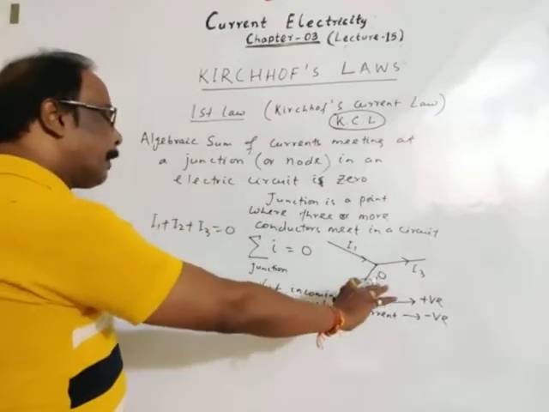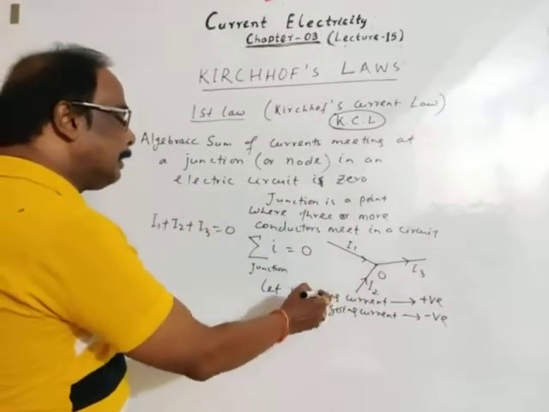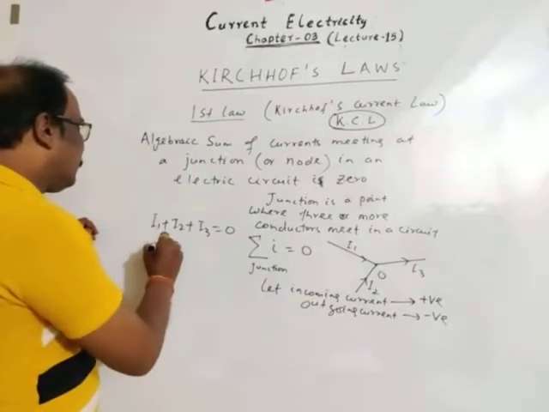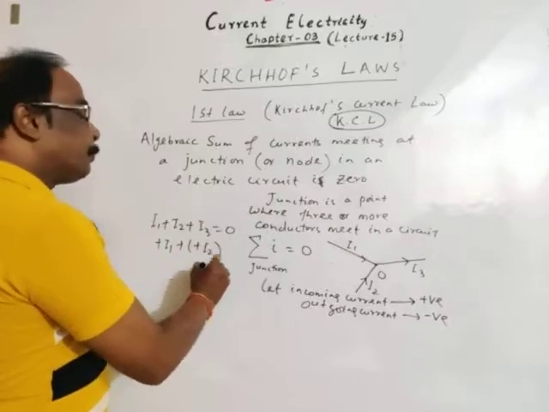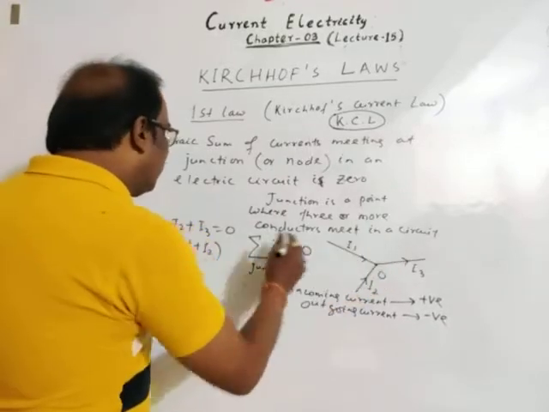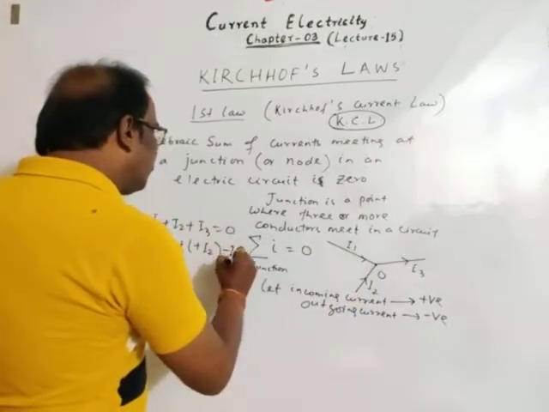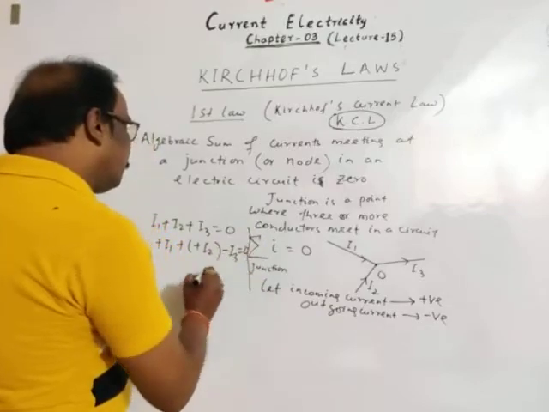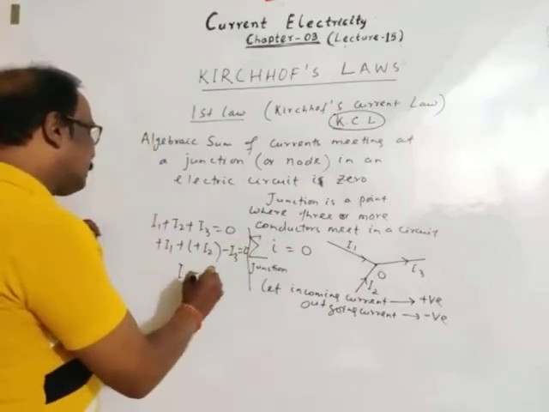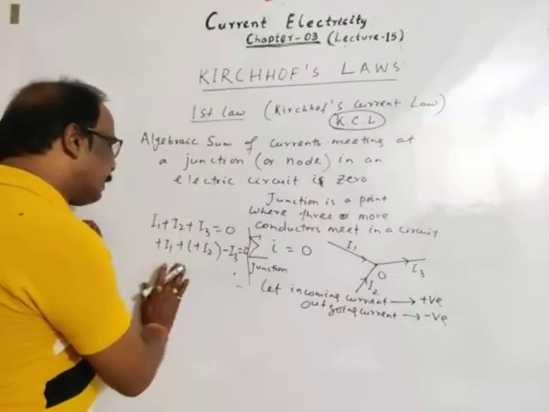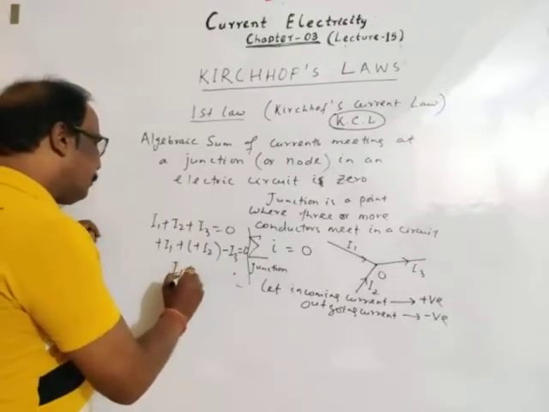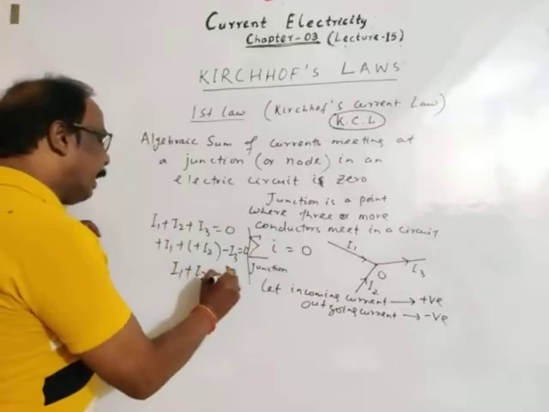Incoming currents are positive, I1 plus I2, but I3 is outgoing, so I1 plus I2 minus I3 is equal to 0. So I3 is equal to I1 plus I2, or you may write I1 plus I2 is equal to I3.